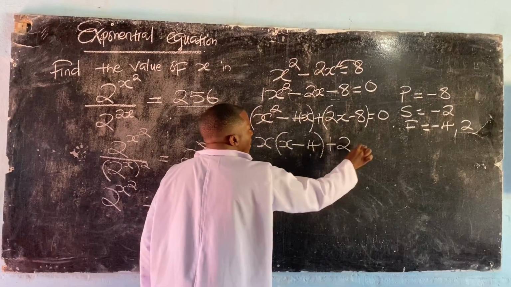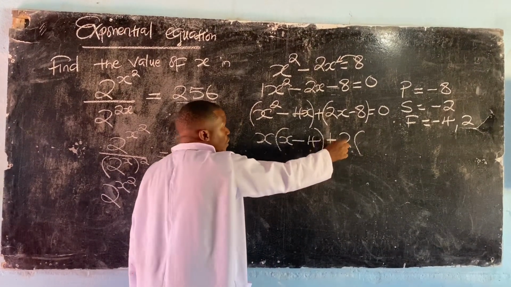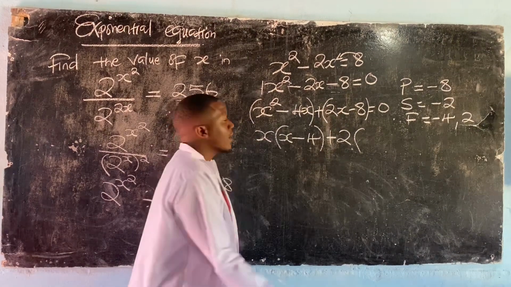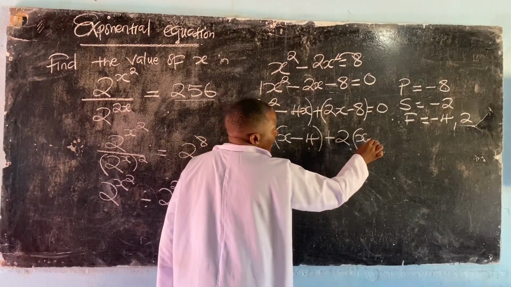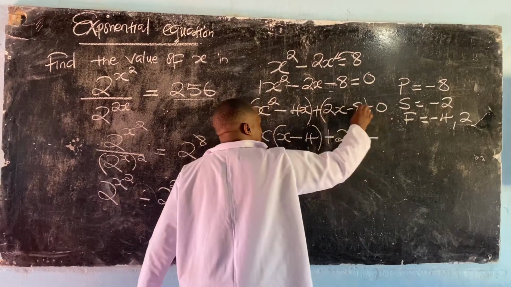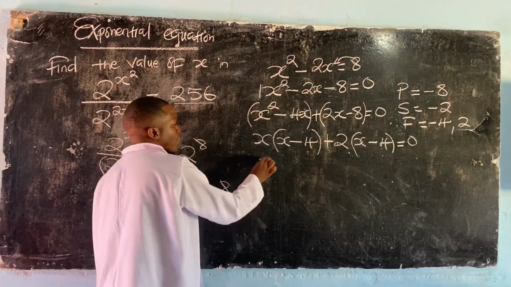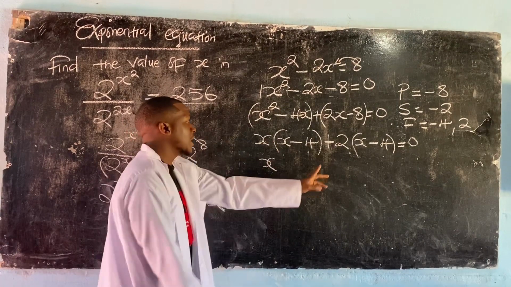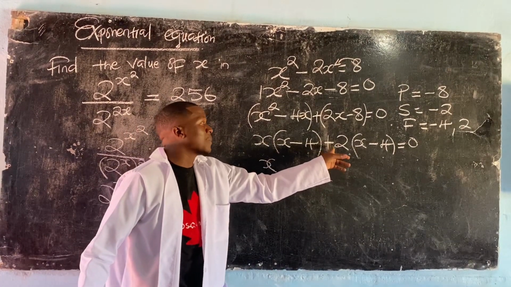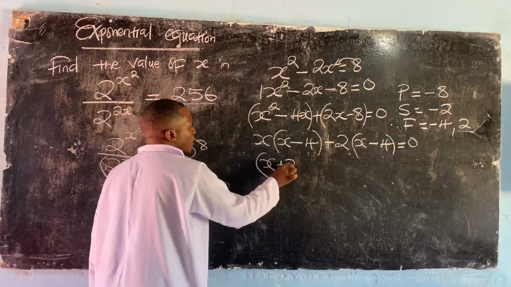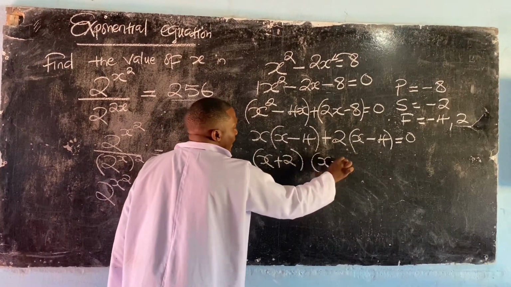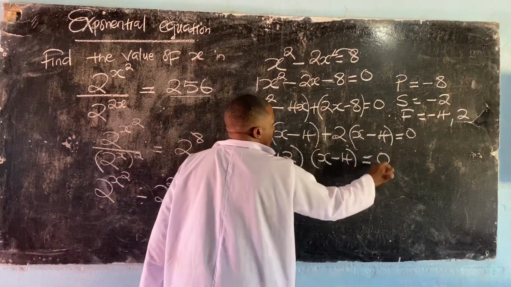We introduce the brackets: 2 into 2x is x, and 2 into 8 is 4, everything equivalent to 0. So x, which is outside, and the other term outside is plus 2. So this is x plus 2, and the other bracket, x minus 4, equals 0.